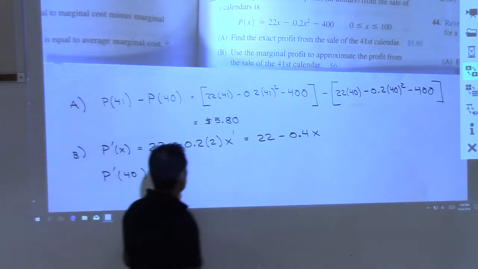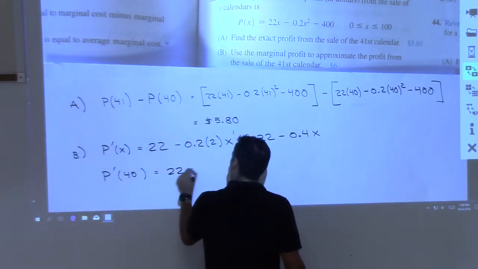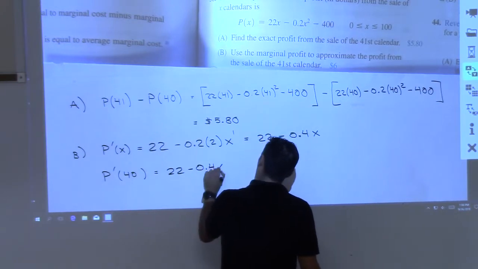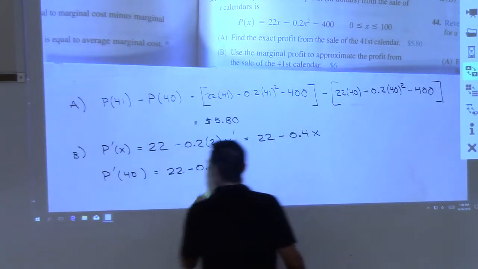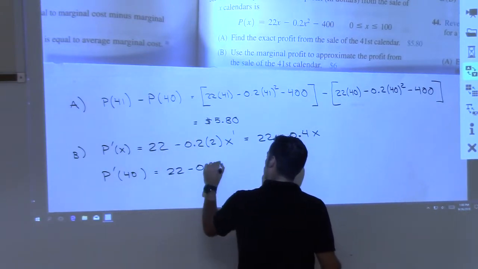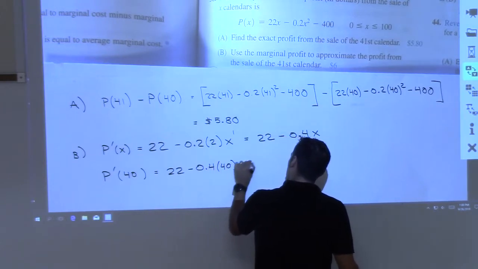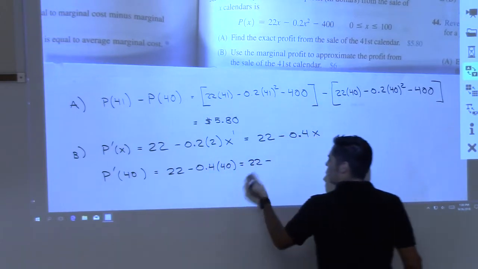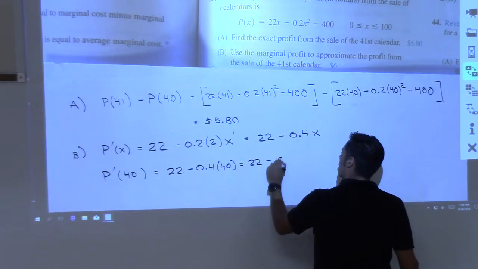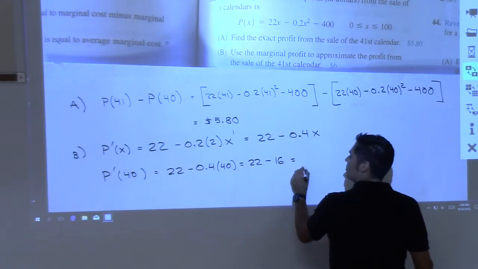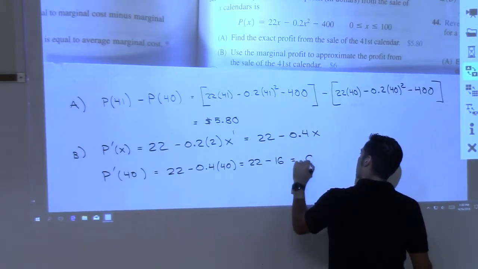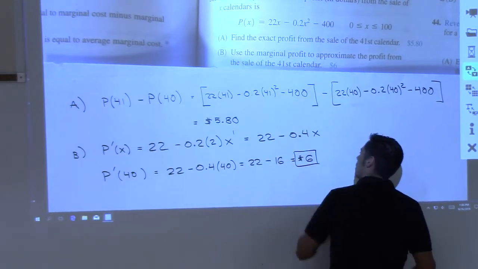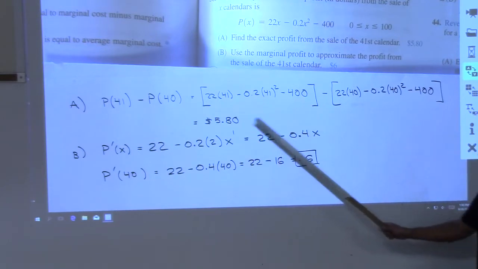Okay, so when we plug it in, we get 22 minus 0.4x, where x is 40. So that's 22 minus 16, which is equal to $6. It's pretty close, right? Within 20 cents.